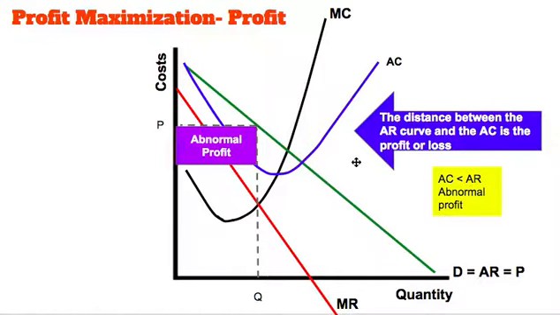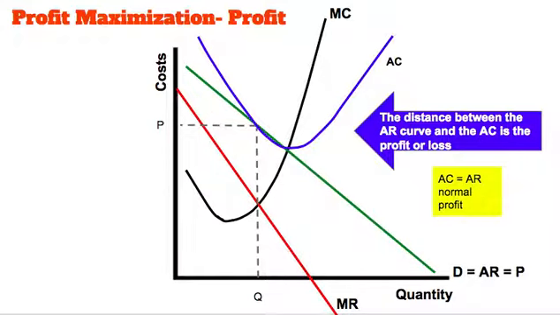Now, in this example, AC is less than AR, so my costs are lower than my revenue, which means I'm making a profit. In economics, we think that's weird, so we say that's an abnormal profit. We could draw a box here and shade it in as I have done, an abnormal profit because AC, your average costs, are lower than your average revenue.